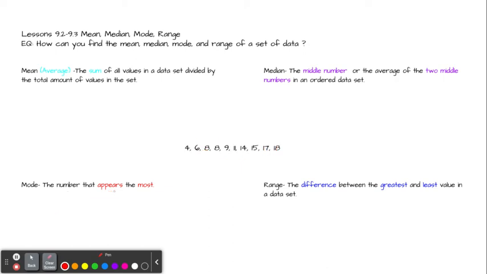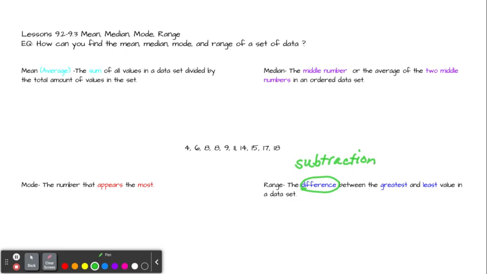Lastly, the range. So our range is the difference between the greatest and least value in a data set. Whenever we see this word difference, we think subtraction. Okay? So let's find the greatest number in our data set.